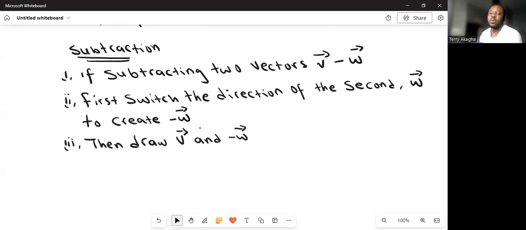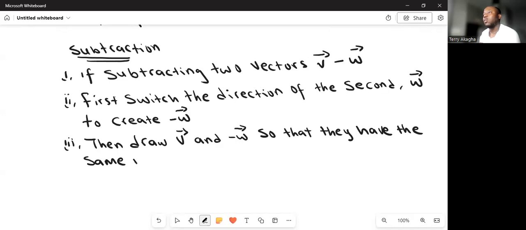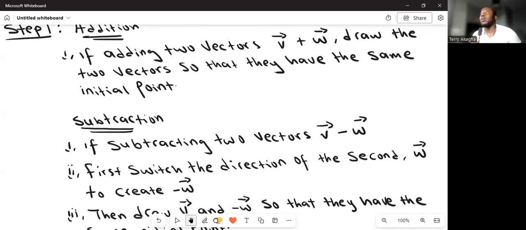Negative w, so that they have the same initial point. Okay. So that is what you do if you're adding and if you're subtracting.